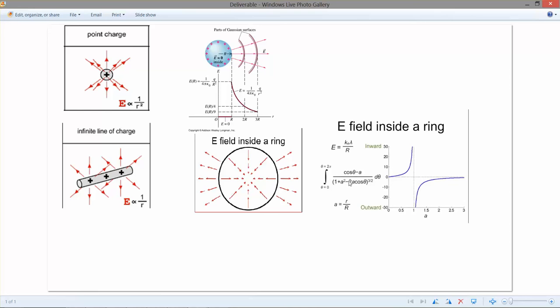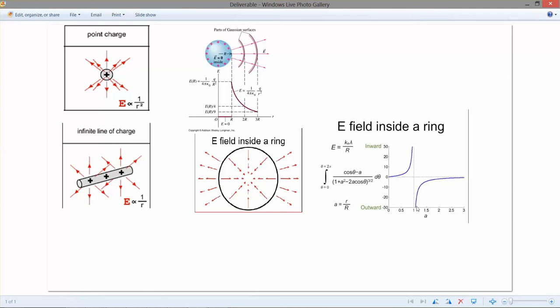So as you can see in this graph, the value of the integral increases inside the ring, so the integral is positive, which means that the electric field increases as we move towards the circumference. And if we move outside the ring, the value of A is greater than 1, which makes this integral negative.